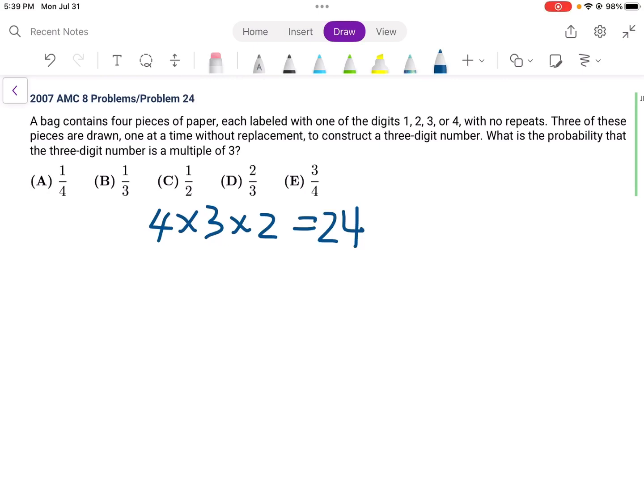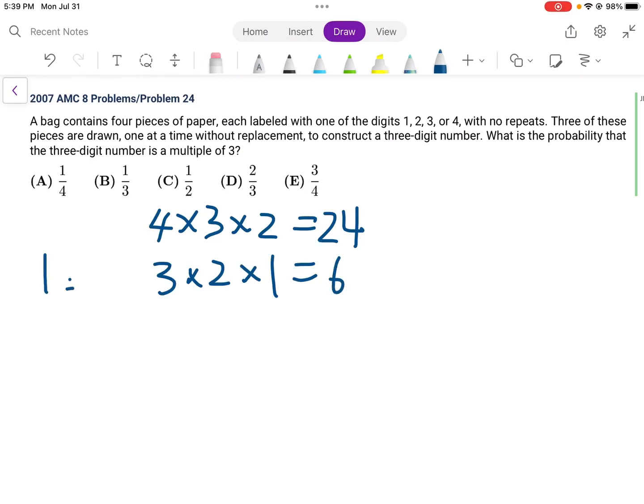If we have 1 in our choice, then the other 2 numbers must be 2 and 3. So in this case, we have 1, 2, 3, and the total number of arrangements will be 3 multiplied by 2 multiplied by 1, and that's 6.